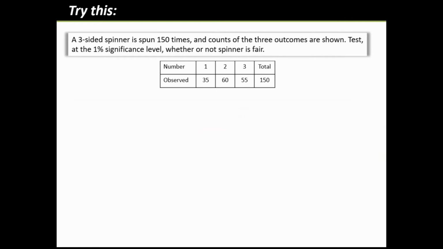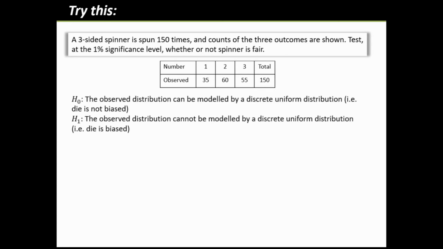So first there's one here for you to try, very similar to the last question. So give it a go, pause the video, and then you can look through the solution. Okay, so for this one here, null hypothesis and alternative hypothesis are the same as in the last question.